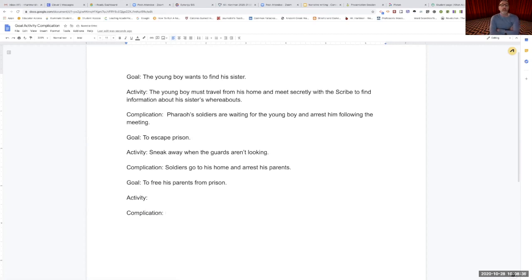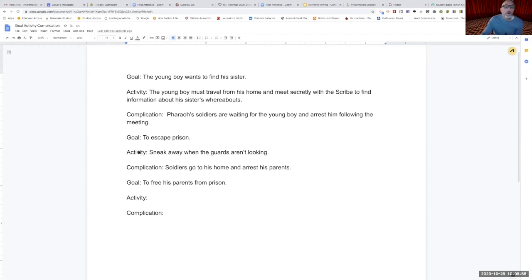So let's say that he frees his parents, and they're on the run. And right as they're all gathered up and ready to go, they somehow find out where the sister is at. So they have to stick around and try to find her or make contact with her.